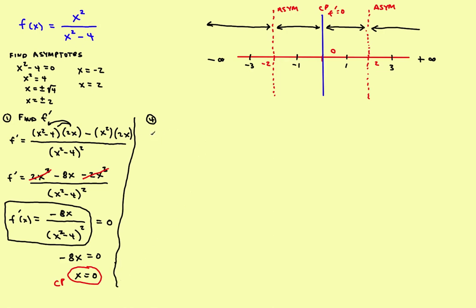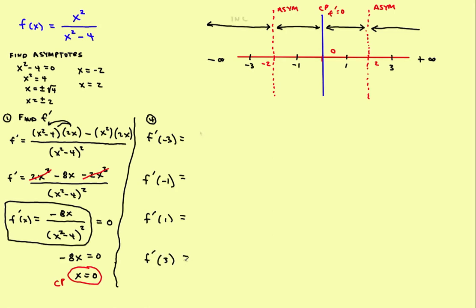Okay, so first of all, evaluate the first derivative at -3. So f prime at -3. Then evaluate f prime, first derivative, at -1. Then evaluate the first derivative at 1. And then evaluate the first derivative at 3.